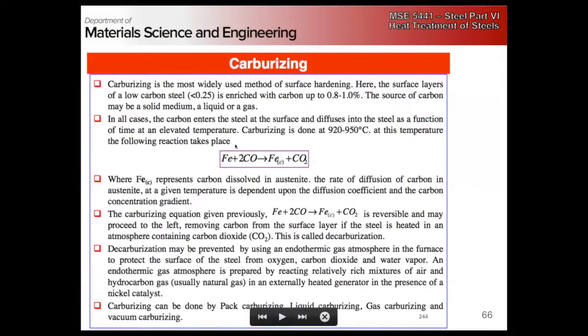or one of the simplest ways to do this, is if you take an oxyacetylene welding torch and you make it a rich mixture, your torch is going to burn cooler and have an excess of carbon, right? Mostly in the form of carbon monoxide, which is going to react with iron at the surface to give you interstitial carbon in your iron and the 2 carbon monoxide to CO2, right?